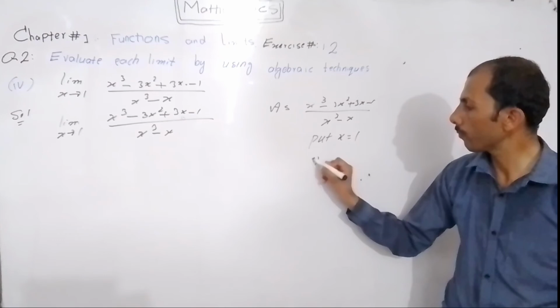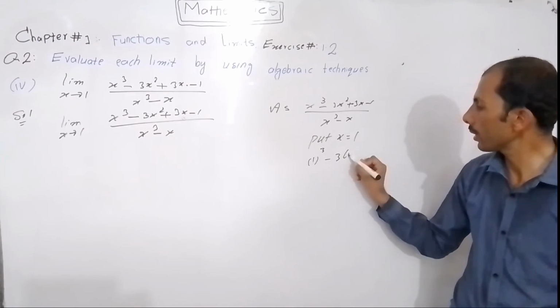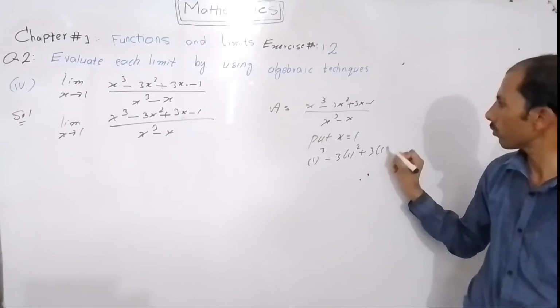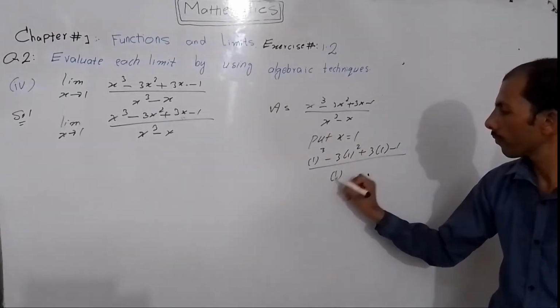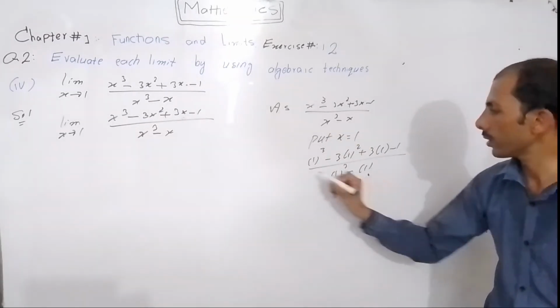So 1 cube minus 3 into 1 square plus 3 into 1 minus 1, divided by 1 cube minus 1.